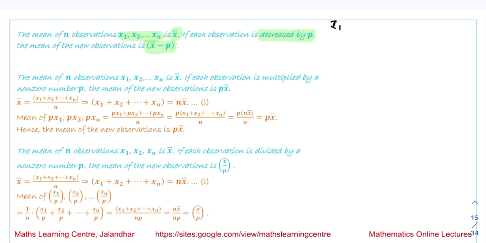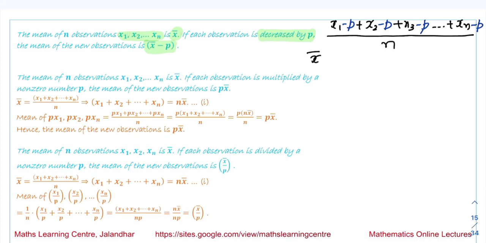The values we have are x1 plus x2 plus x3 so on up to plus xn, divided by n. The value of this whole term is x bar. Now in the next step, if each value is decreased by p, it means minus p, minus p, minus p and minus p.